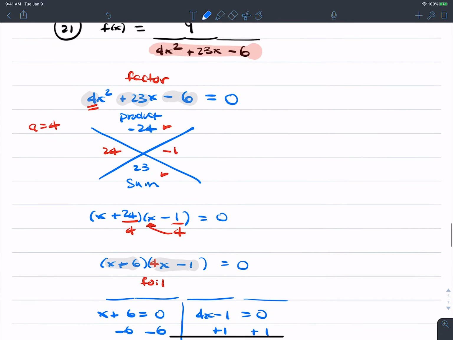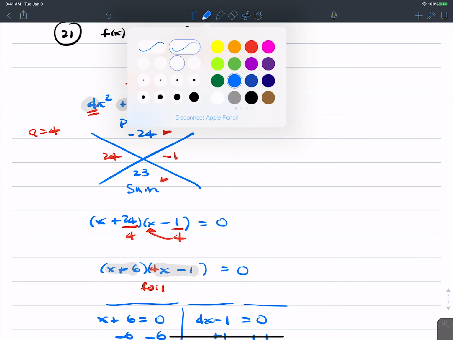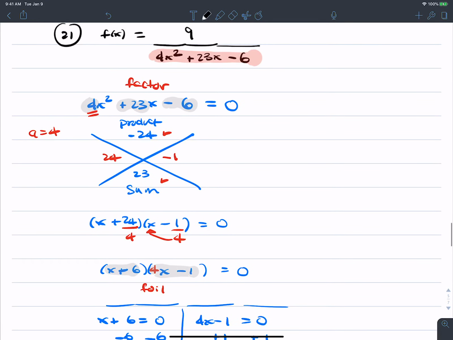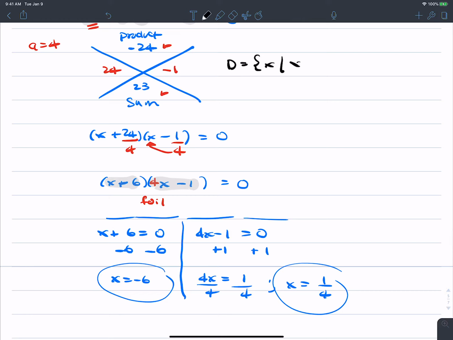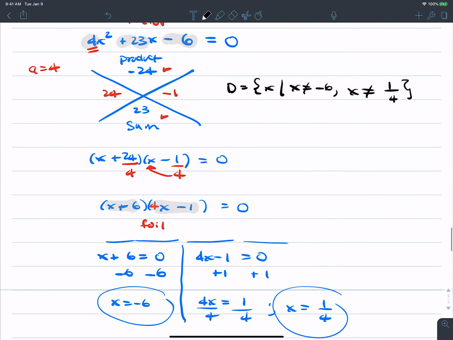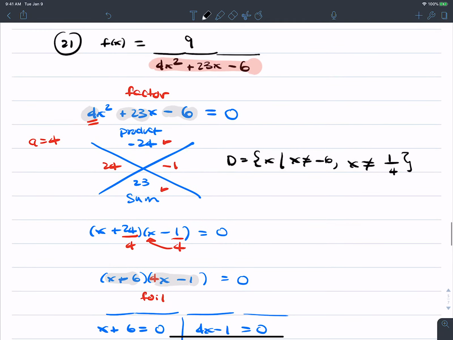At this point I just have to answer the question in set notation. The domain here is all real numbers x such that x cannot be negative 6 and x cannot be positive 1/4. Here's my domain. This is 21.